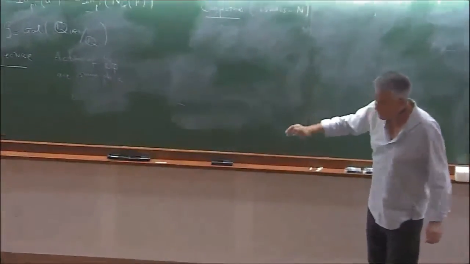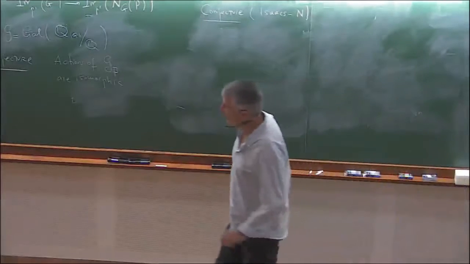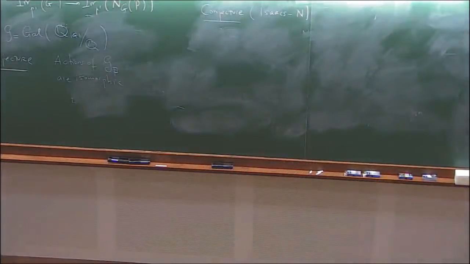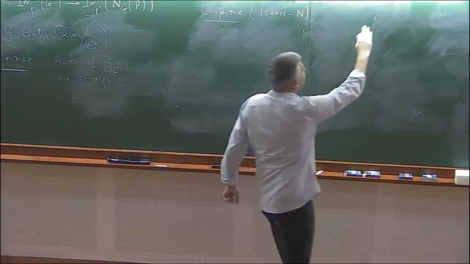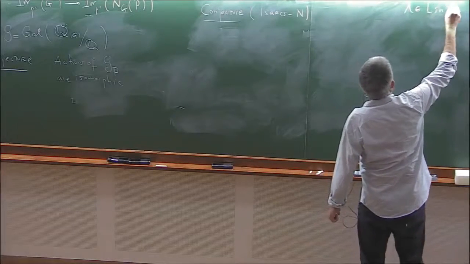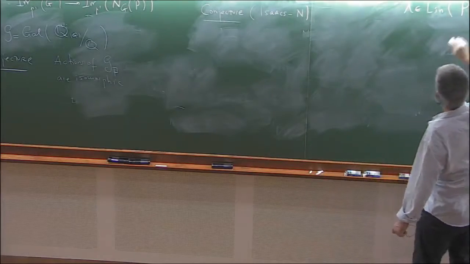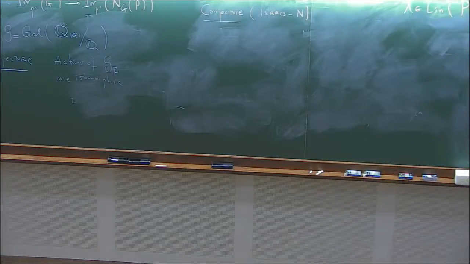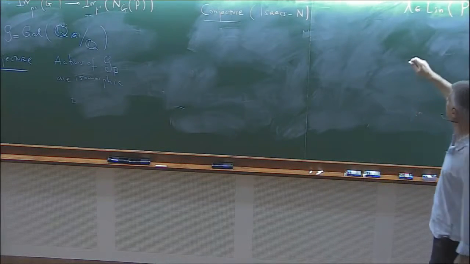Before stating the conjecture, let me show what this Galois automorphism does to linear characters. Suppose that you have a linear character of a P group. When is it fixed by sigma E?